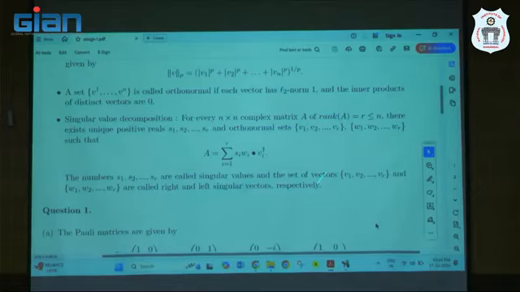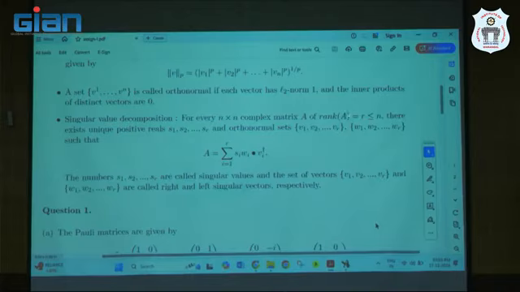So what is happening? You have a matrix A, you can always write it in this form. This form is called the singular value decomposition. You take it as a sum. The Si are singular values, which are positive reals.